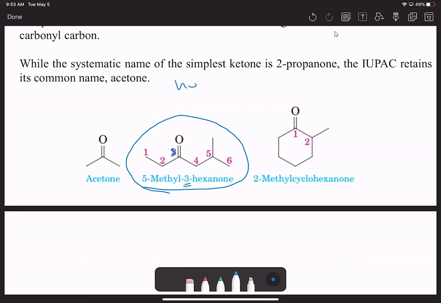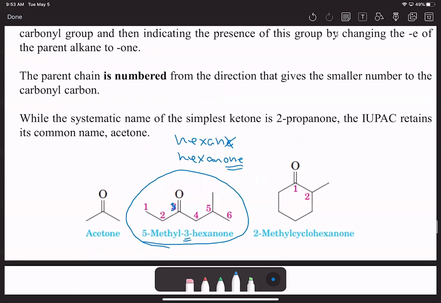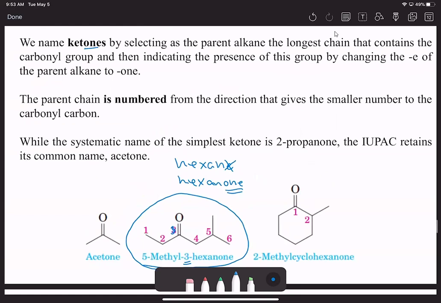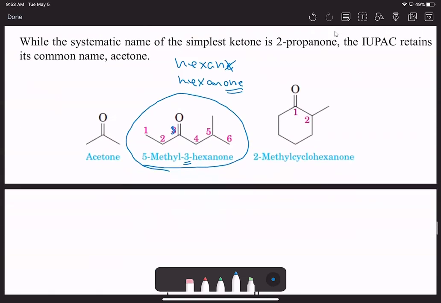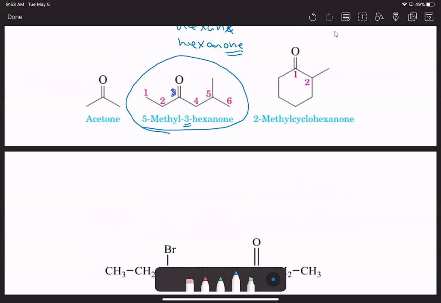There are 6 carbons there, so instead of saying hexane, we drop the E, and it's hexanone from our ketone. So let's look at some other examples here. We won't worry about the ones on the sides there.